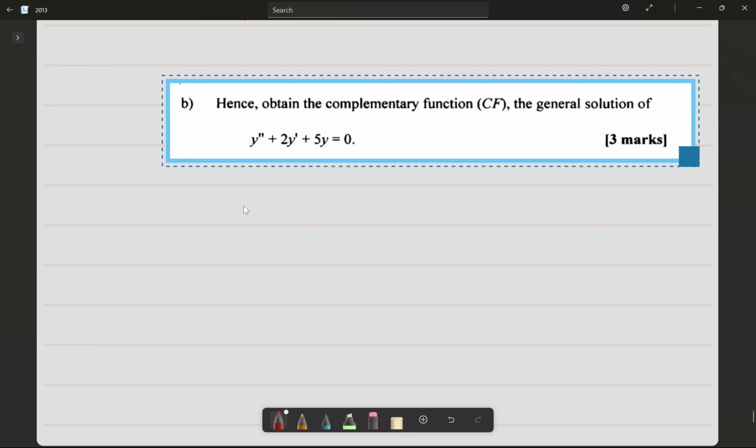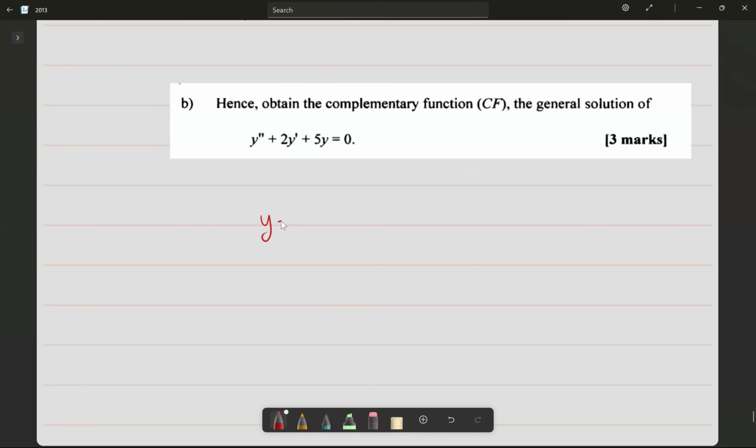Okay, so for complex roots, the formula is y equals e to the m1 x, where m1 is the real part of the solution and m2 is the imaginary part of the solution.